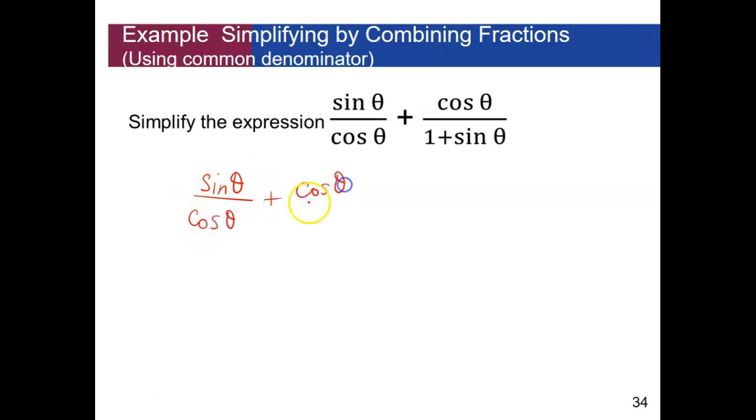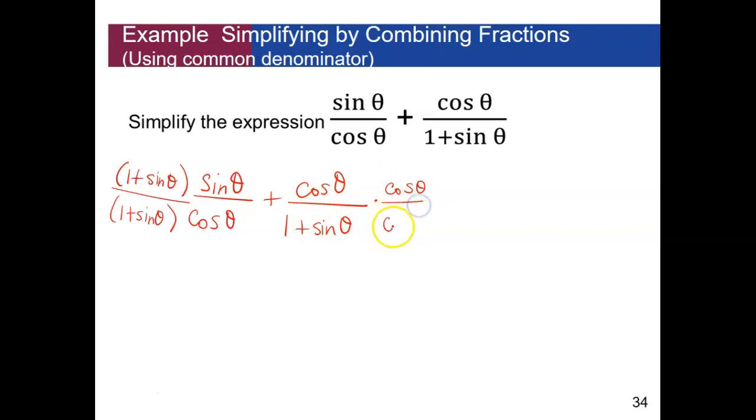Okay, so this one, like I said, in order to get the common denominator, it's going to need to be multiplied by 1 plus the sine of theta. And we'll multiply the top and the bottom by that. And then this one's going to need to be multiplied by cosine. So now they both have the same thing in the denominator.